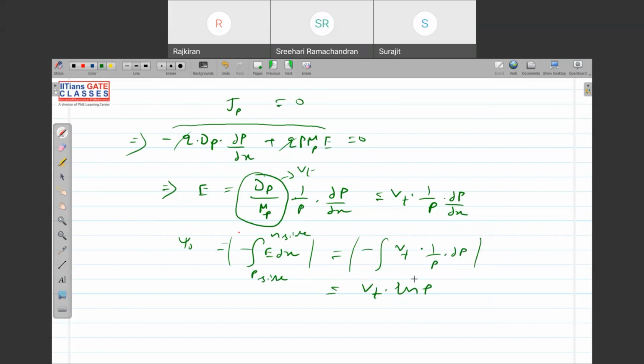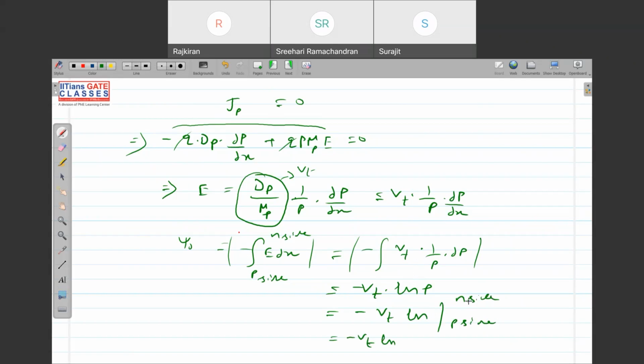Minus Vt ln P, from P side to N side. Clear?